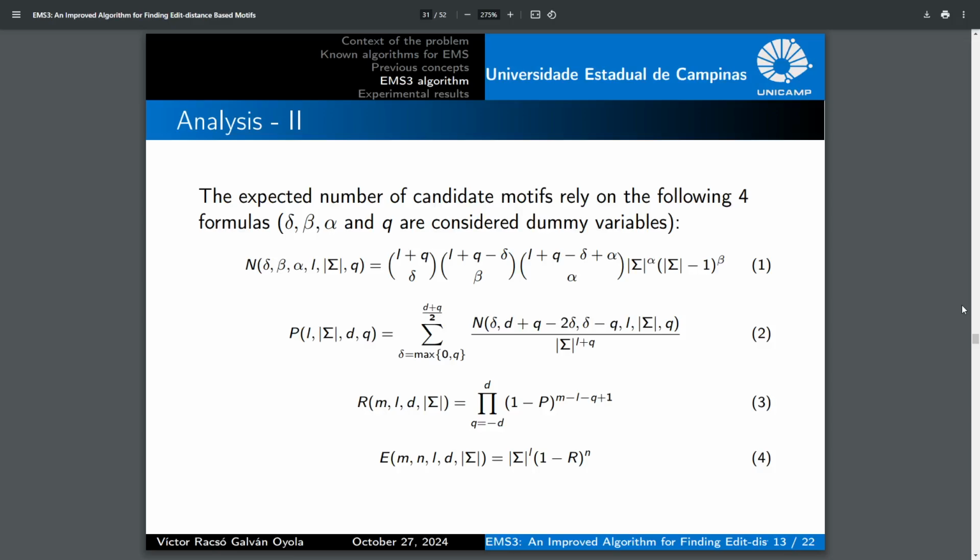But we're going to have these formulas. They were developed in the EMS2 paper. We're not going to go too deep into them. Just notice that the last formula, number 4, has all the parameters that we already have, and it represents the number of candidate motifs given those parameters.